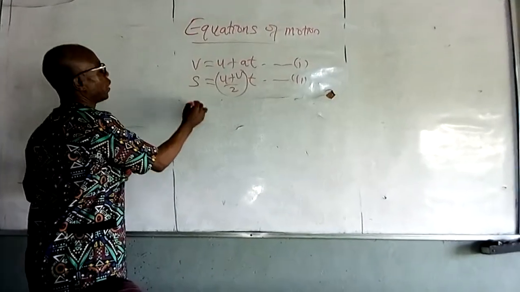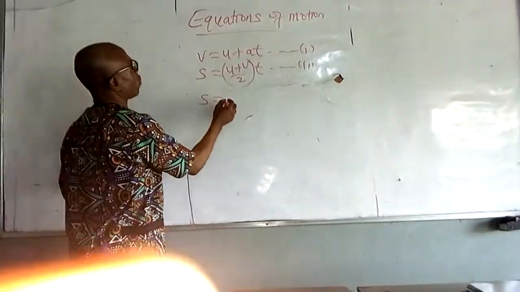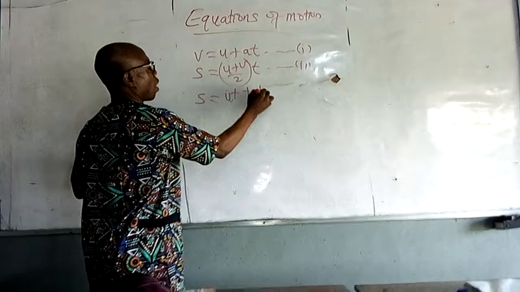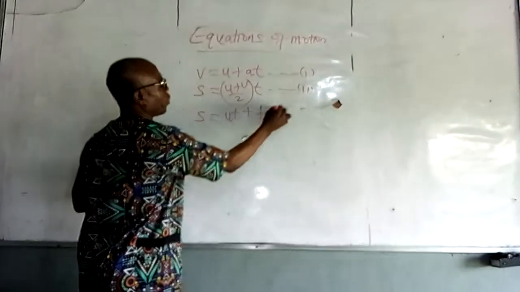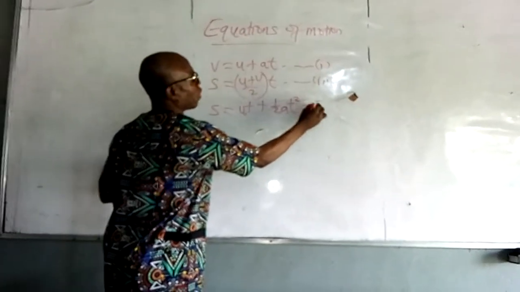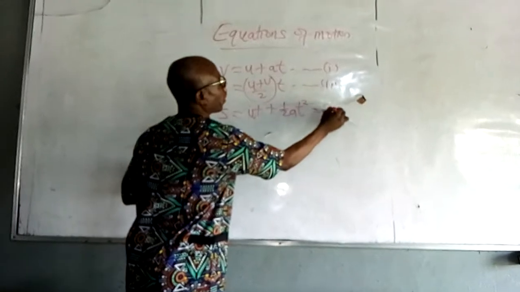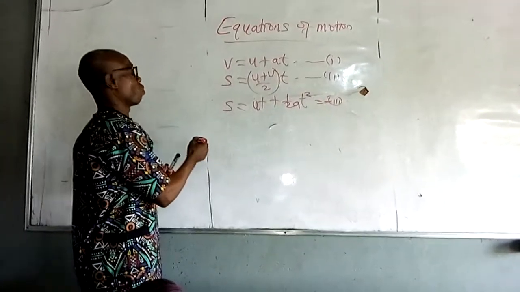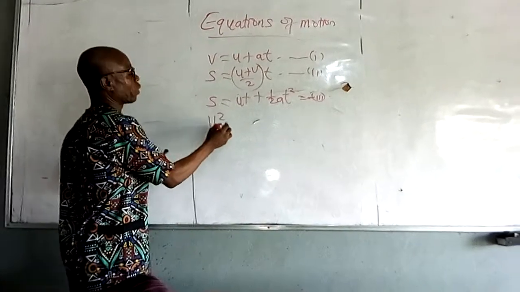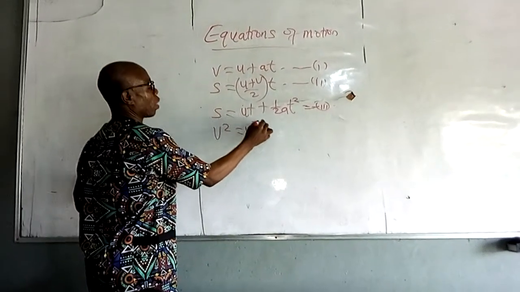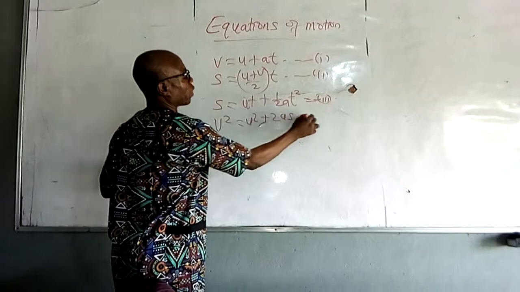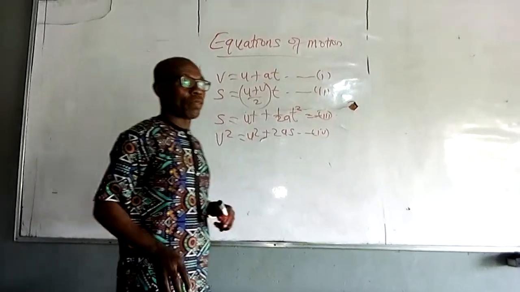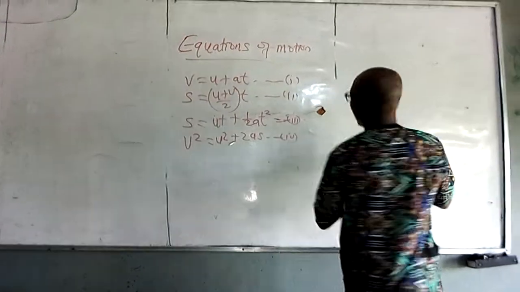The third one is s is equal to ut plus half of at squared, equation 3. And the last one is v squared is equal to u squared plus 2as. We are going to derive each of these four equations of motion.